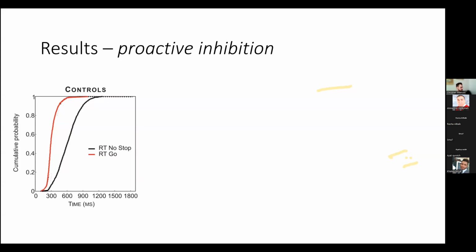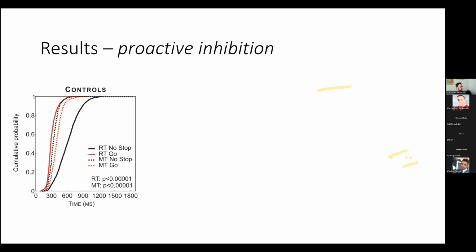And here are the movement times on the dotted lines. As you can see, the movement time of the go task is more on the right than the movement time of the no stop signal. So even if the difference is not very great, it's consistent throughout all the distribution.